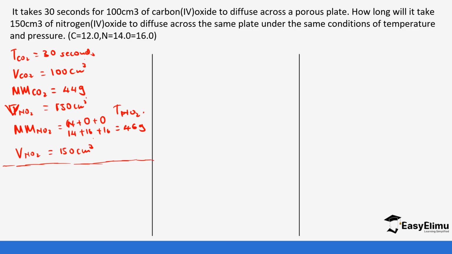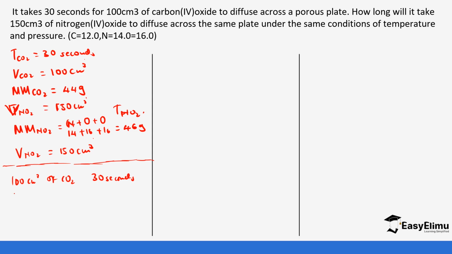So you want to equalize them. We are going to equalize the carbon dioxide to have the same volume as the nitrogen dioxide. So we'll say if 100 centimeters cubed of carbon dioxide diffuses for 30 seconds, what if we had the same amount of carbon dioxide that is in the nitrogen dioxide?